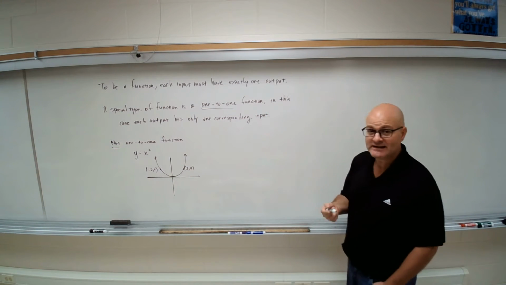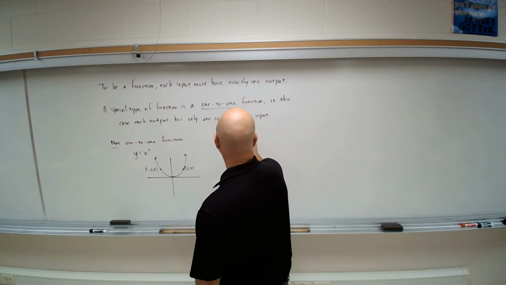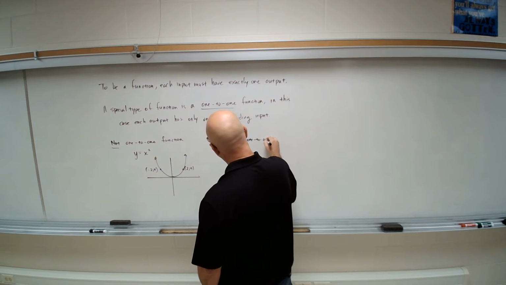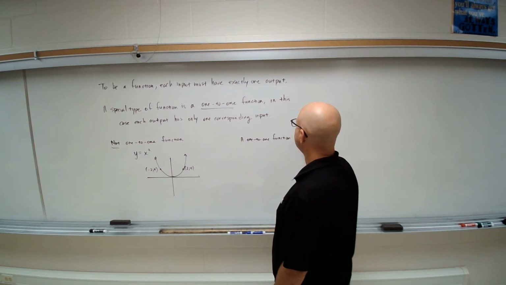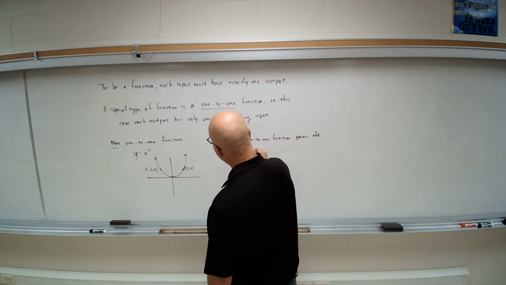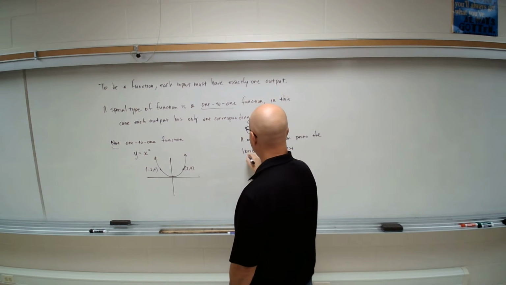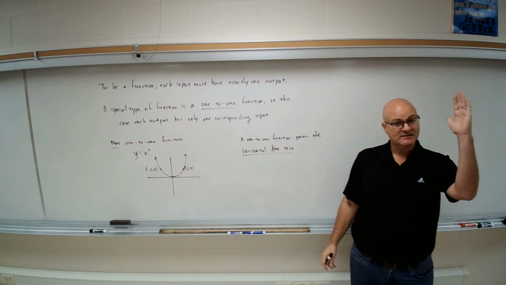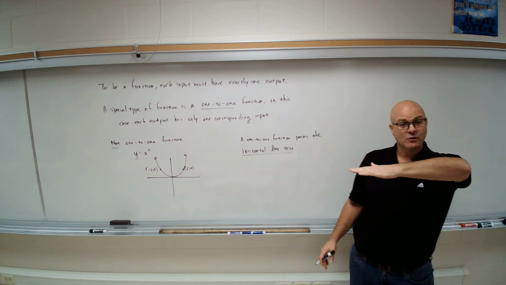The easiest way to see if a function is one-to-one is that a one-to-one function passes the horizontal line test. Now we know that to see if something is a function, it has to pass the vertical line test. Well, if it's one-to-one, it'll pass the horizontal line test.